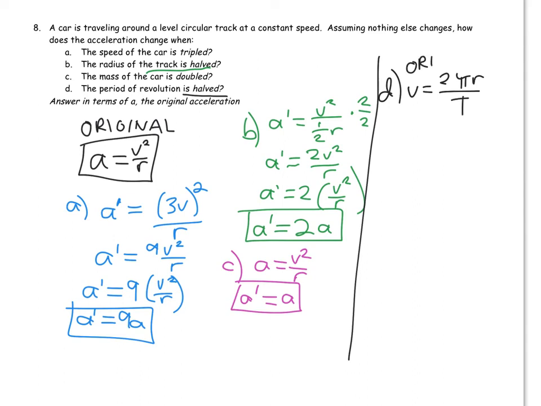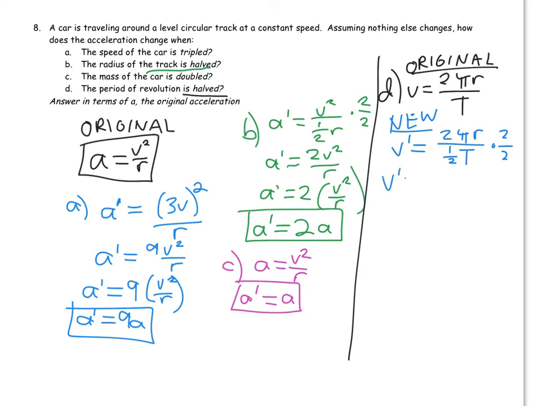So I'm going to say this is my original situation. My velocity is 2 pi r over T for my car originally. And I'm going to think about my new equation for my velocity, v prime. So the period is cut in half. So I'm going to say v prime is 2 pi r over 1/2 times T, that initial period. I'm going to multiply both top and bottom by 2 to get rid of that 1/2.